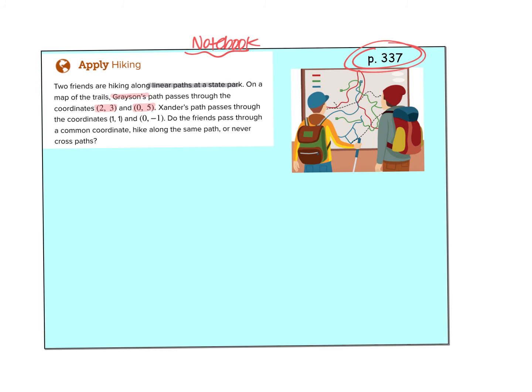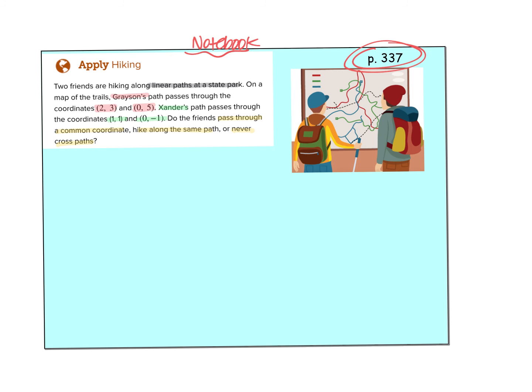That's Grayson. The other friend, Xander, passes through the coordinates (1, 1) and (0, -1). I want to know, if those 2 friends are walking, do they pass through a common coordinate? So are they going to cross paths? Are they going to hike along the exact same path? Or will they never cross paths? When their paths never cross, are they like parallel paths?